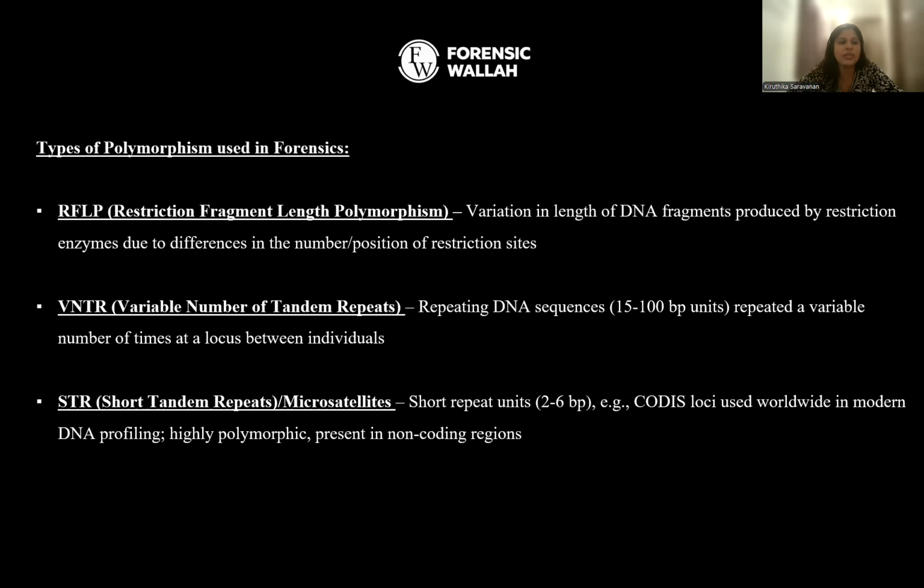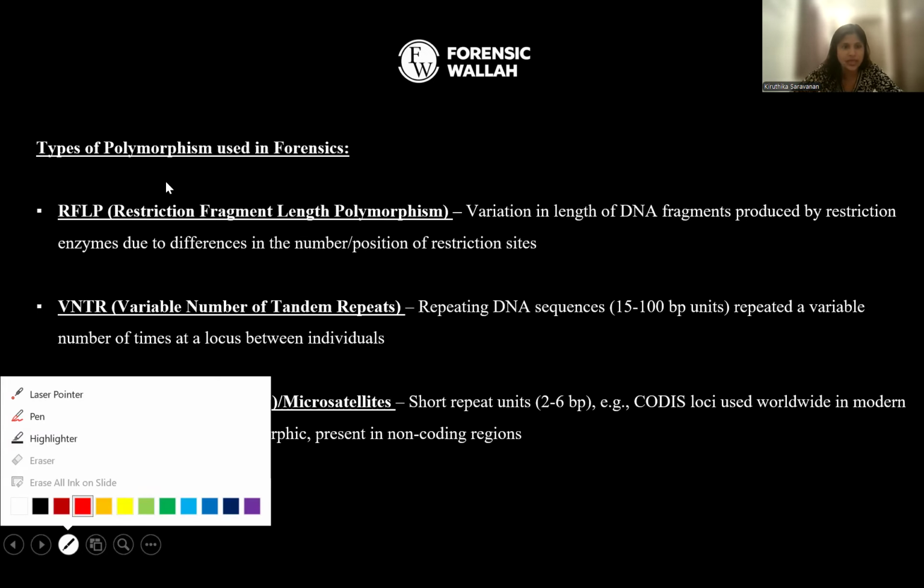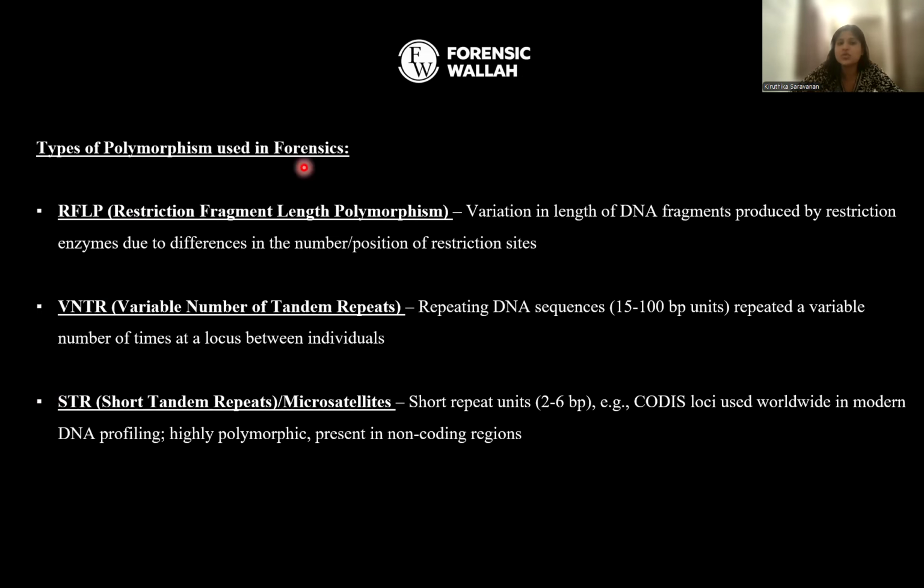Okay. So now coming to the types of polymorphism, this is one of the very important topics in forensics. The types of polymorphism used in forensics are RFLP, VNTR and STR. RFLP is restriction fragment length polymorphism. Fragment length polymorphism means there is a small variation in the length of the DNA fragments.